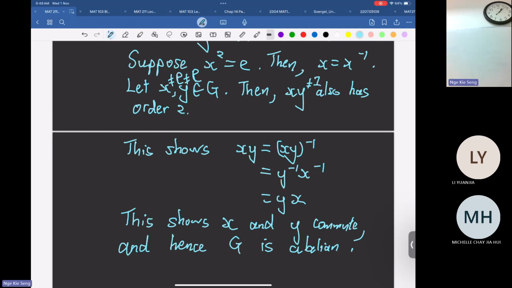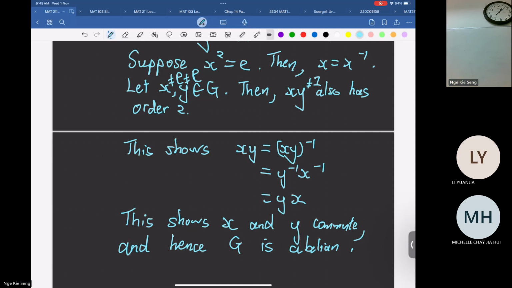But these are subgroups in the abelian group. Remember last time I talked about the relationship between center and normal. The center is the set of things that commute with everyone. If your group is abelian, everything is in the center because everything commutes with each other. And the center is a normal subgroup.